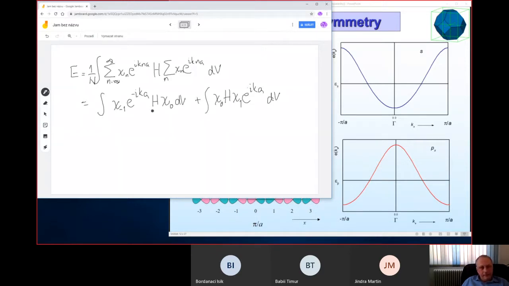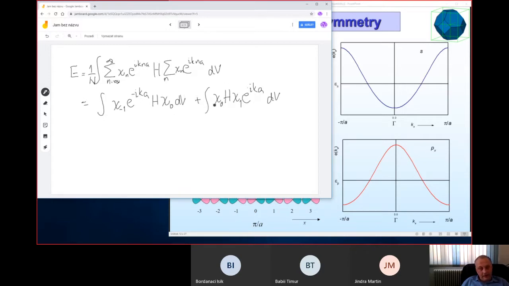And so now, because this part of the integrand doesn't contain the positional vector of an electron, it can be put in front of the integral.